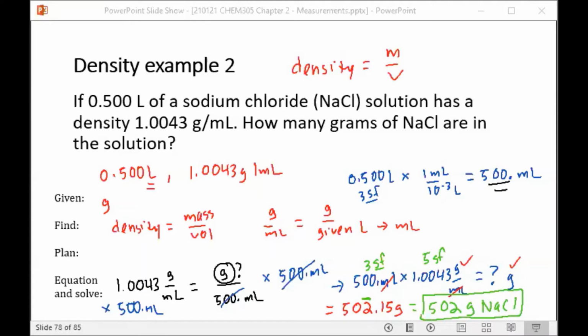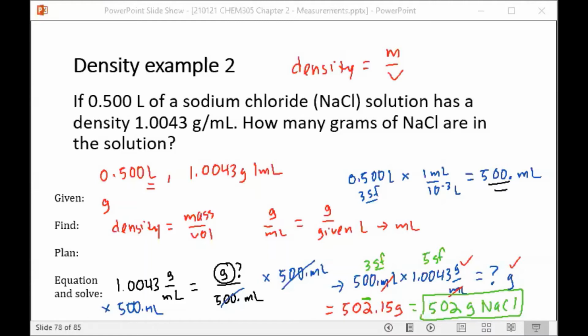So again, this was a density problem where you were given the density and you were given the volume of your substance, and you had to solve for the mass of the substance. But you had to do a unit conversion first because the volume and your density didn't have the same units. So we have to make sure our units match up so that they cancel out.